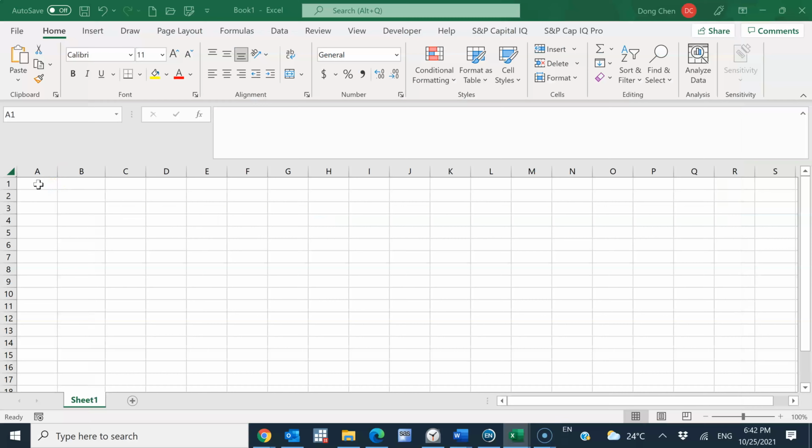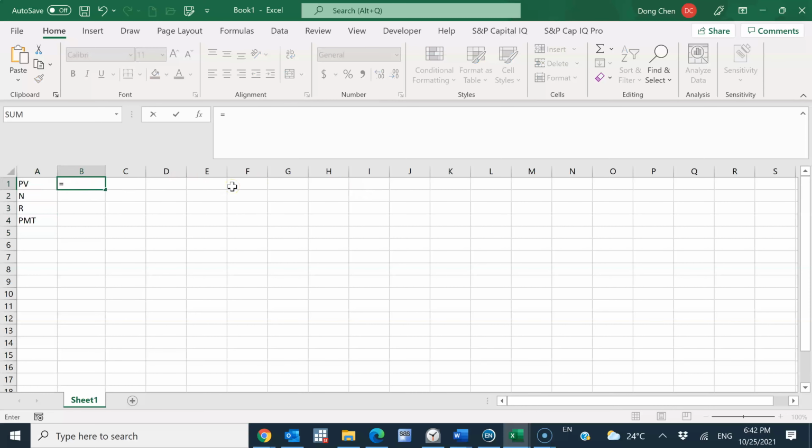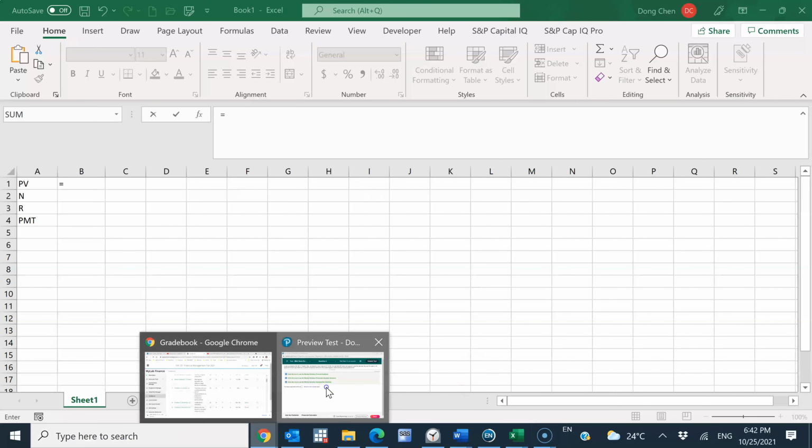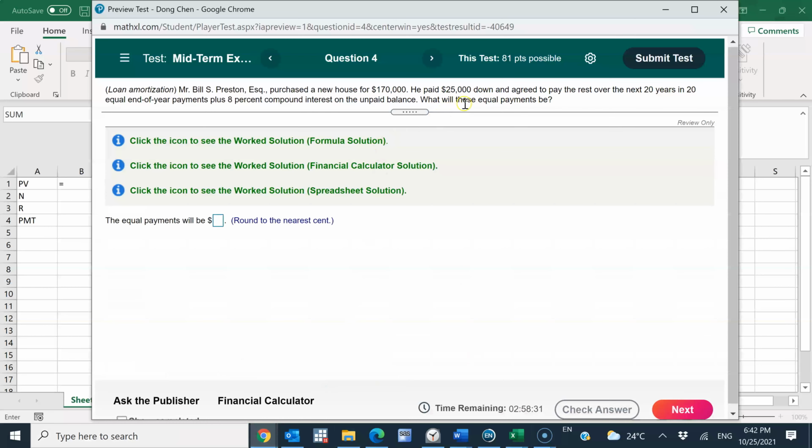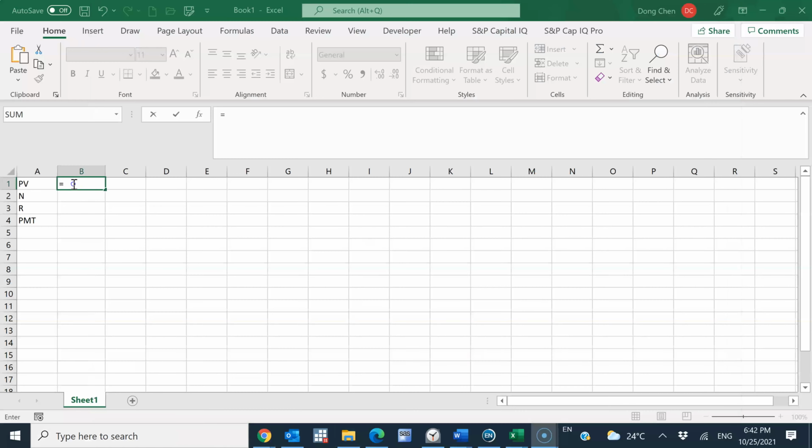As long as we put all these numbers into the appropriate places, this problem won't be that hard. The present value, as we said, will be the difference between the purchase price and the down payment, so it's going to be 170,000 minus 25,000.